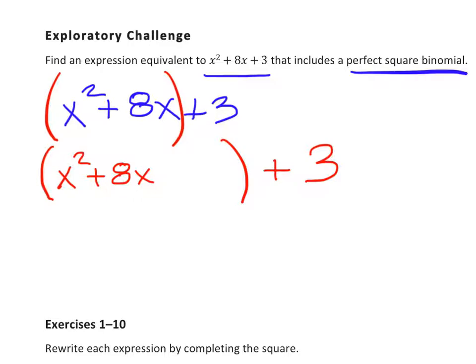Do you remember how to get to that last term? What do we do to find that last term? What do we do to any one of these numbers? Well, what do we square? Remember the pattern in the other ones? We squared a number to get to the last number, but how did we come up with that?